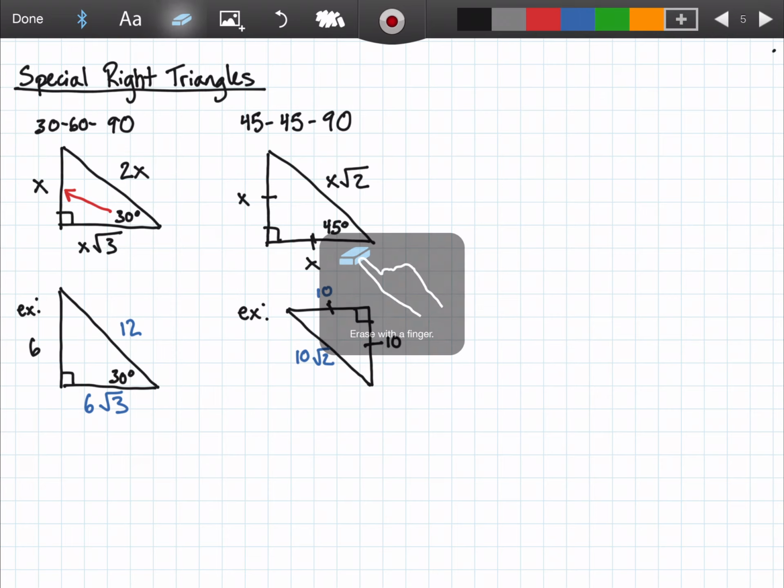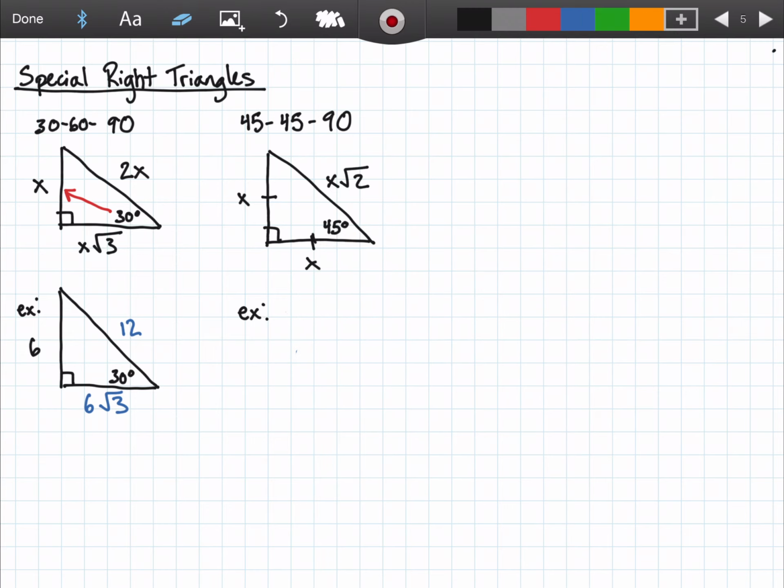If you want something a little bit more challenging, which I know you do, now let's say that the hypotenuse is going to be 11. Well, all I know is that x times square root of 2 equals 11.